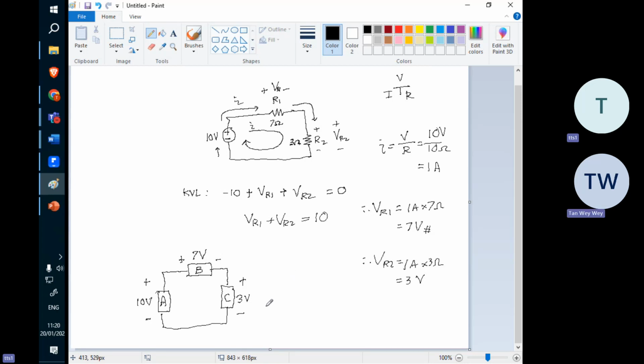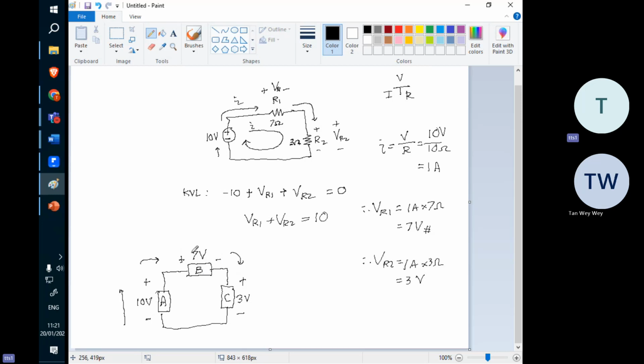I can make the following assumption. First, I look at the sign. If I go around this loop, the first one I see is negative. When I go around here, I see the one is positive, and then when I go around, I see the one is positive.